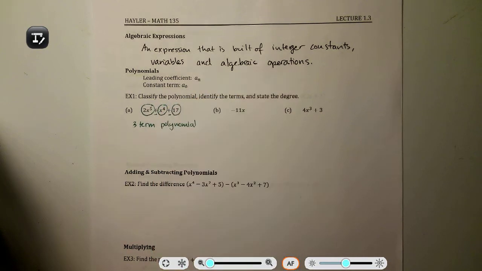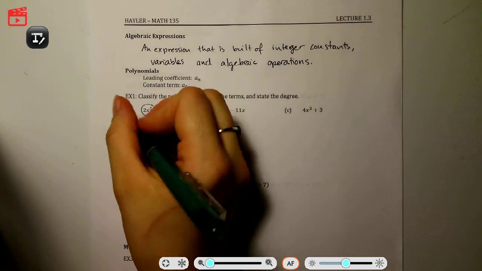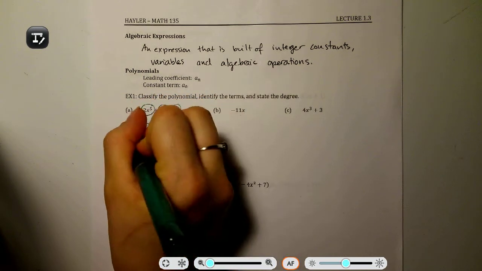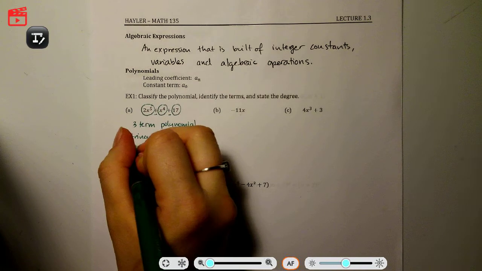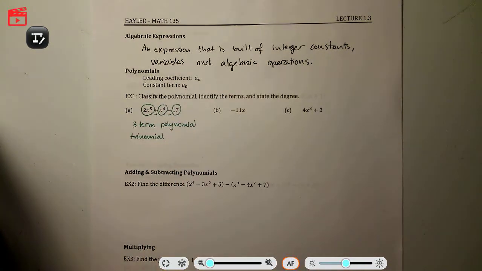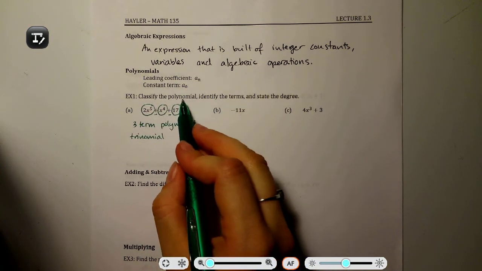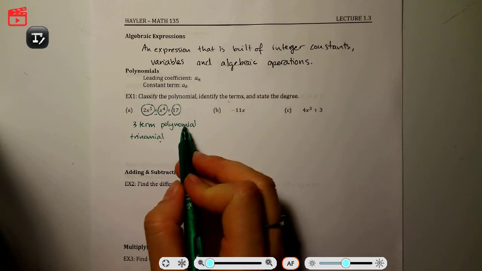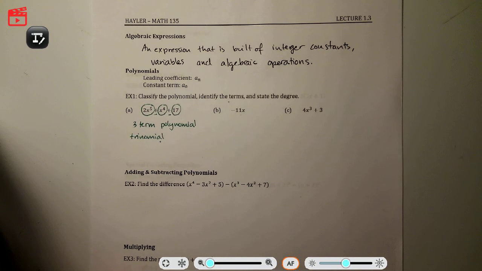And 3-term polynomials, they're lucky, they have a name. They're called a trinomial. Like a tricycle, 3-wheeled thing. A trinomial is if we have 3 terms. Okay, so we classified the polynomial as a trinomial. We identified the number of terms, 3. And I needed to state the degree.